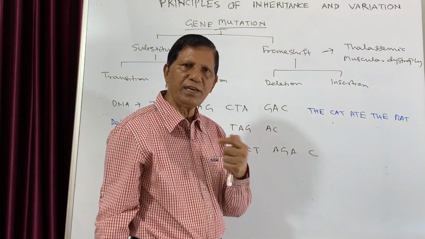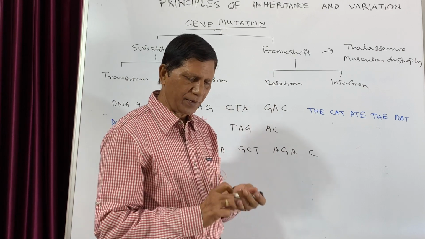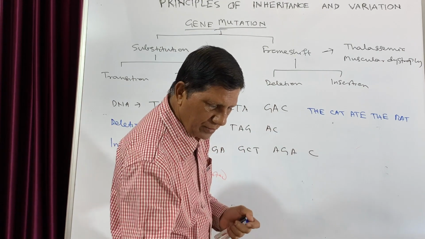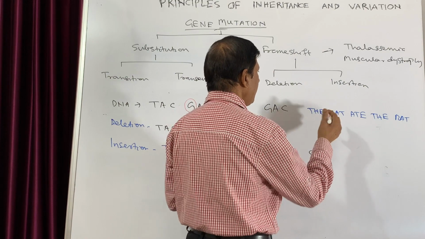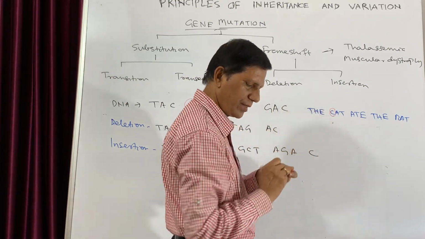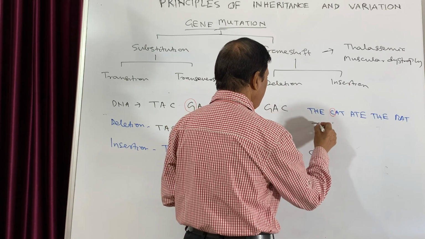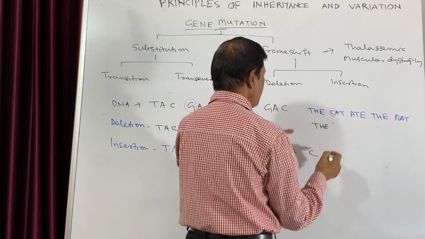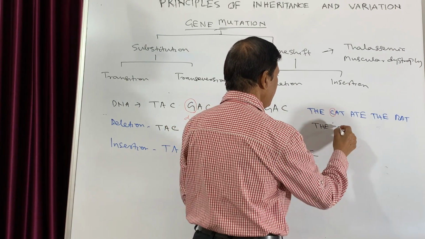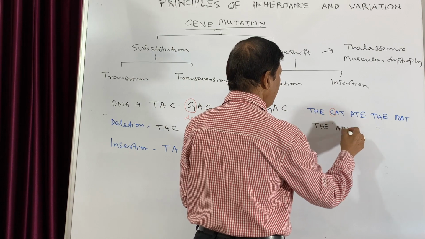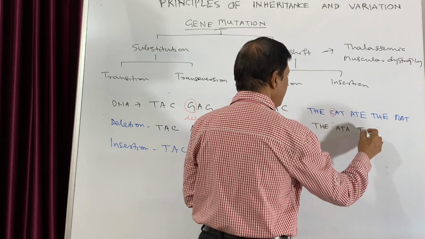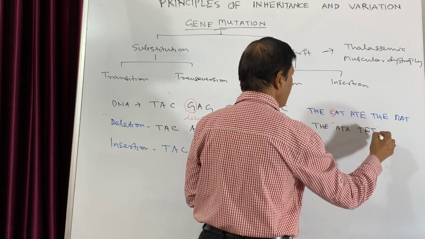If there is deletion or insertion, what is happening? Suppose here this C is deleted. So when it is deleted, what will happen? Now it will be THE, then C is deleted. That means AT, A will come to this side. Then TE, this T will come to this side.